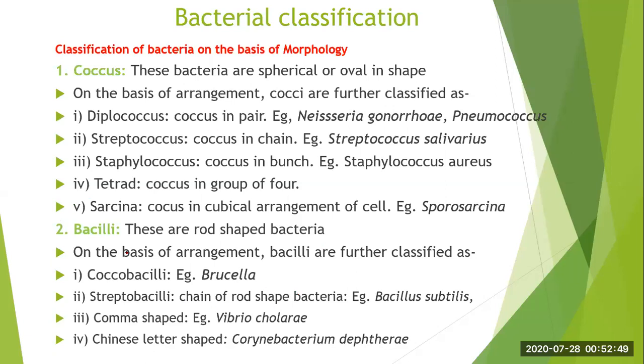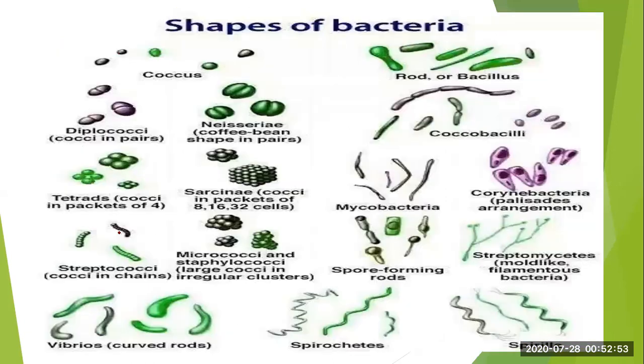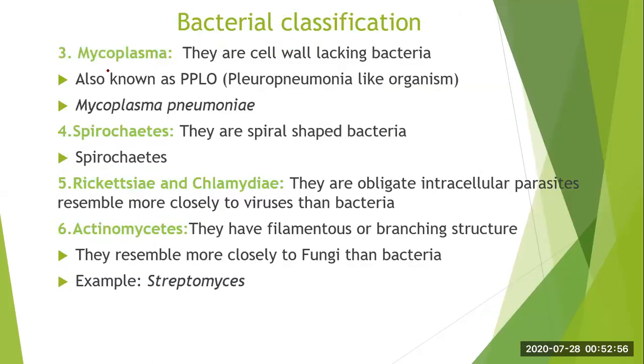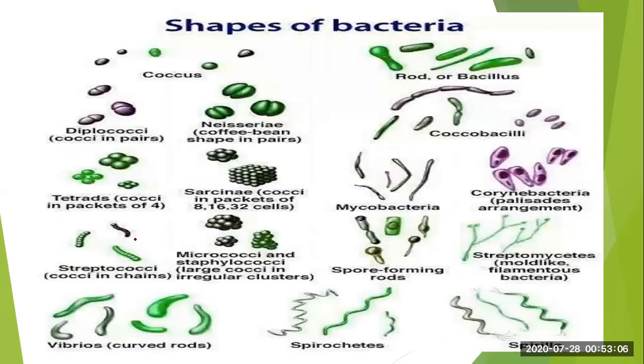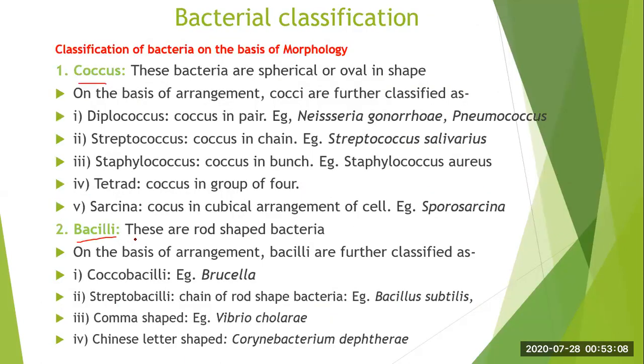The first group is called coccus, then bacilli, and then other groups called Mycoplasma, Spirochaetes, Rickettsia and Chlamydia, and then Actinomycetes. These are the six classifications based on the morphology of bacteria.